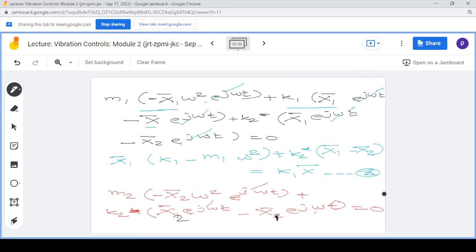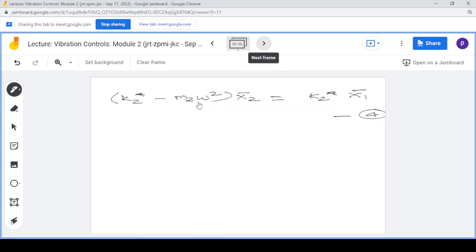Earlier it was expression 3. Now by solving these two expressions, what will we obtain? We will obtain the solution of these two equations, equation 3 and 4. So how can we solve these two expressions?